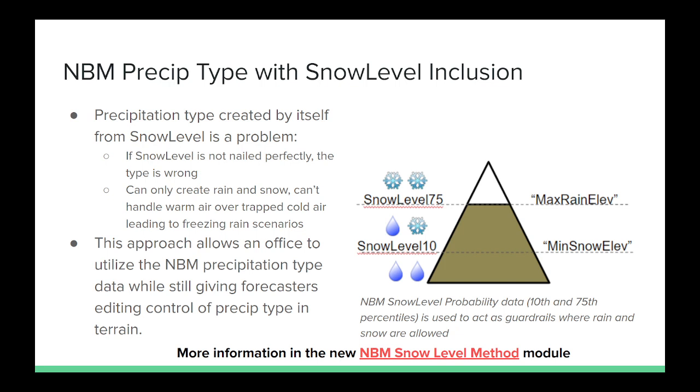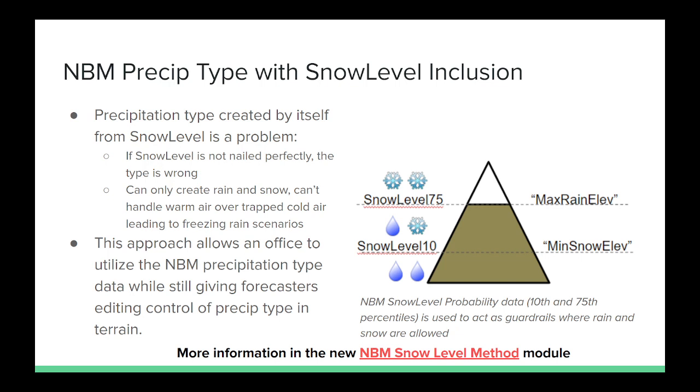The snow level, if it's not nailed perfectly, and I'm trying to forecast a deterministic snow level out days 4, 5, 6, 7, it seems quite difficult to do that. And even in the short term, there are some cases where that 800 feet just really doesn't work out for the mixed rain snow zone.